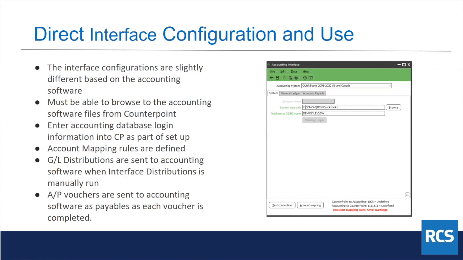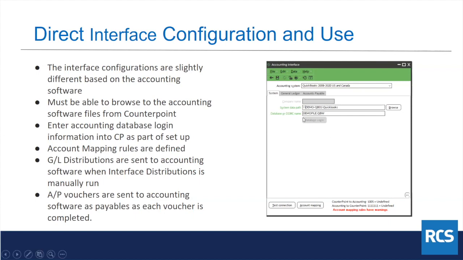So when we set up the interface configuration, either direct or export, there is a screen in Counterpoint where we go in and tell it which accounting system and which interface we're going to use. Based on the interface that we select, some different fields open up and ask for information.